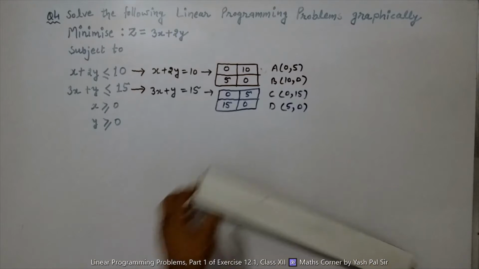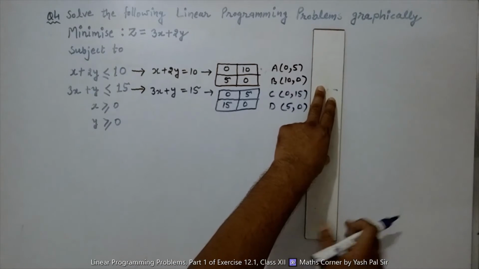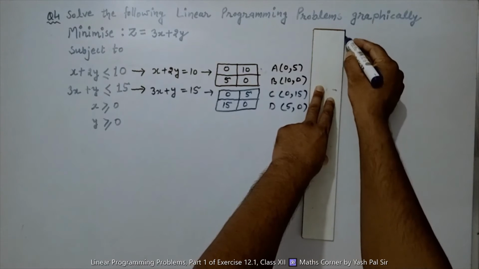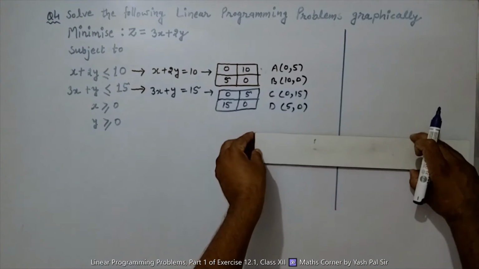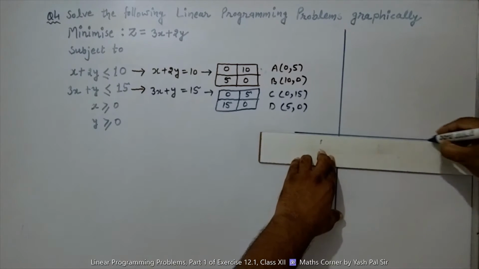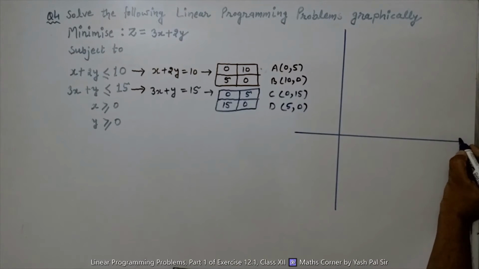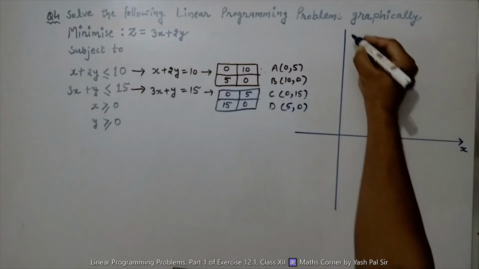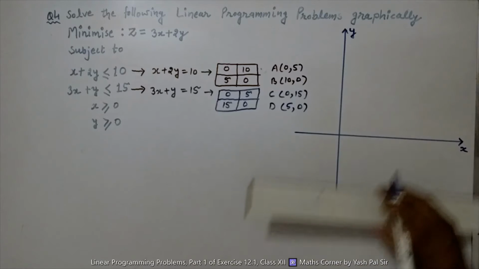This is the Cartesian plane. Like this we are going to have the y axis and the x axis. Okay, so this is the x axis, this is the y axis.